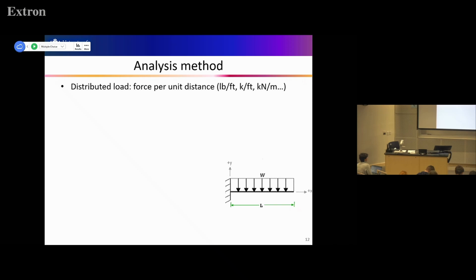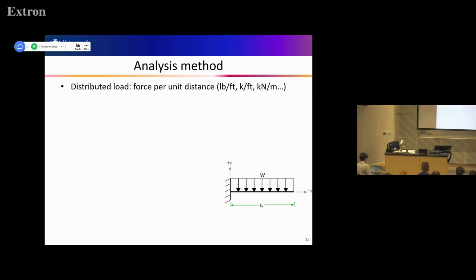I'll explain here. Distributed load is used as force per unit distance. For example, in every 1 foot, how many pounds were applied. So that's the distributed load. It's kind of density, kind of intensity. And if we know this intensity and the length of application, then we can find the resultant, the total load of the distributed load.